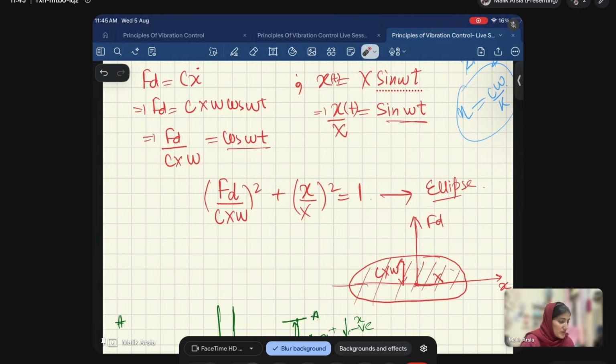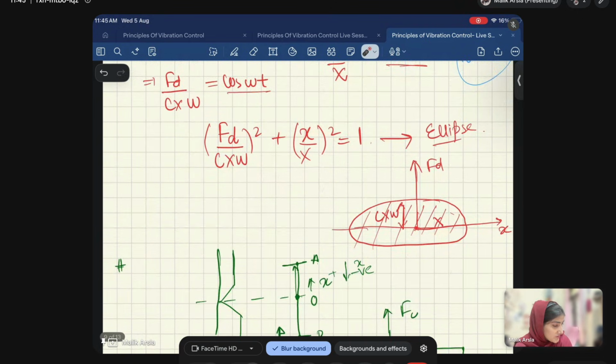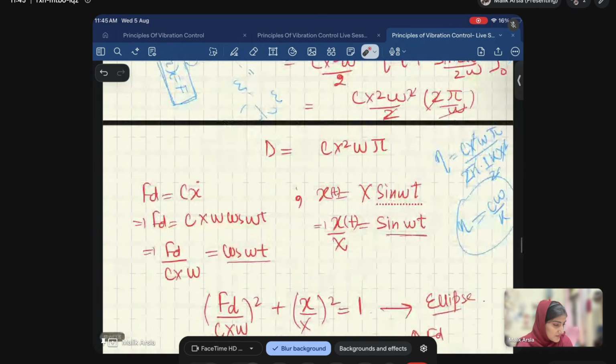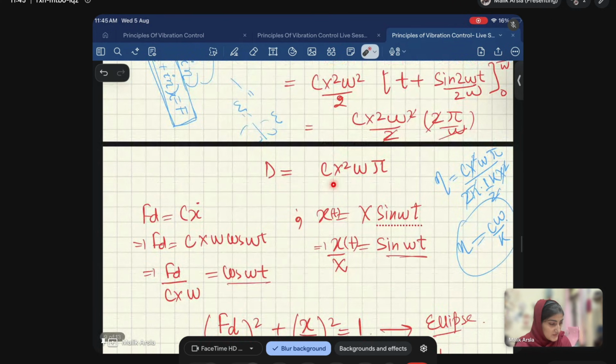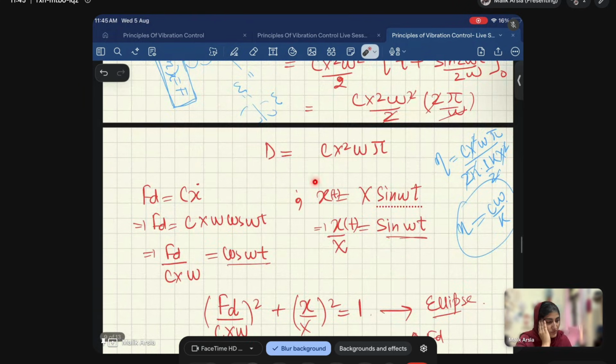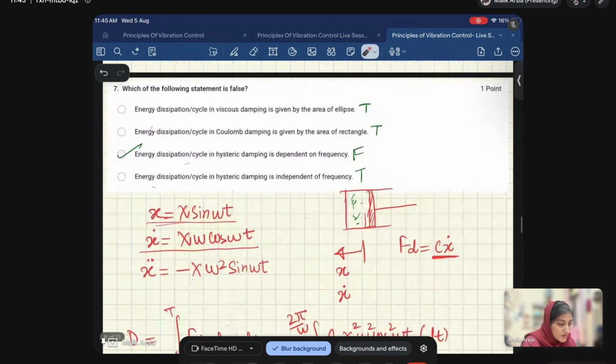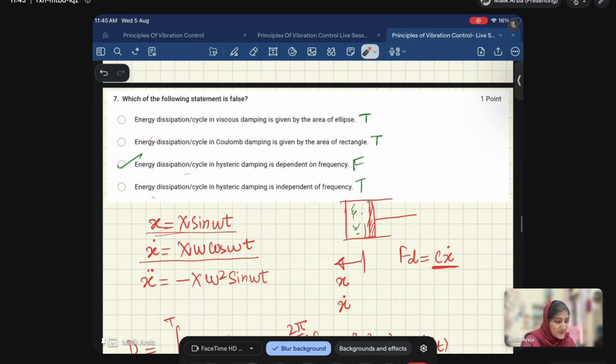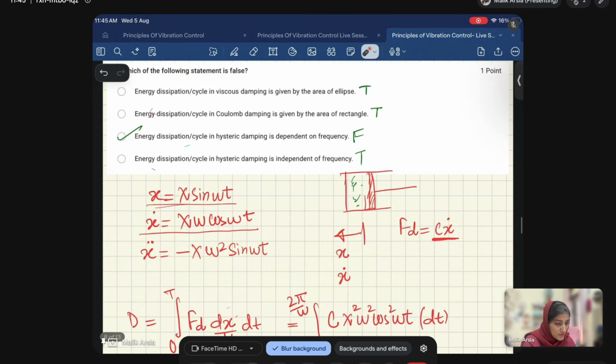You can draw it for yourself. So this area represents C X square omega into pi. So the energy dissipated per cycle in viscous damping is given by the area of ellipse, so this is the correct option.